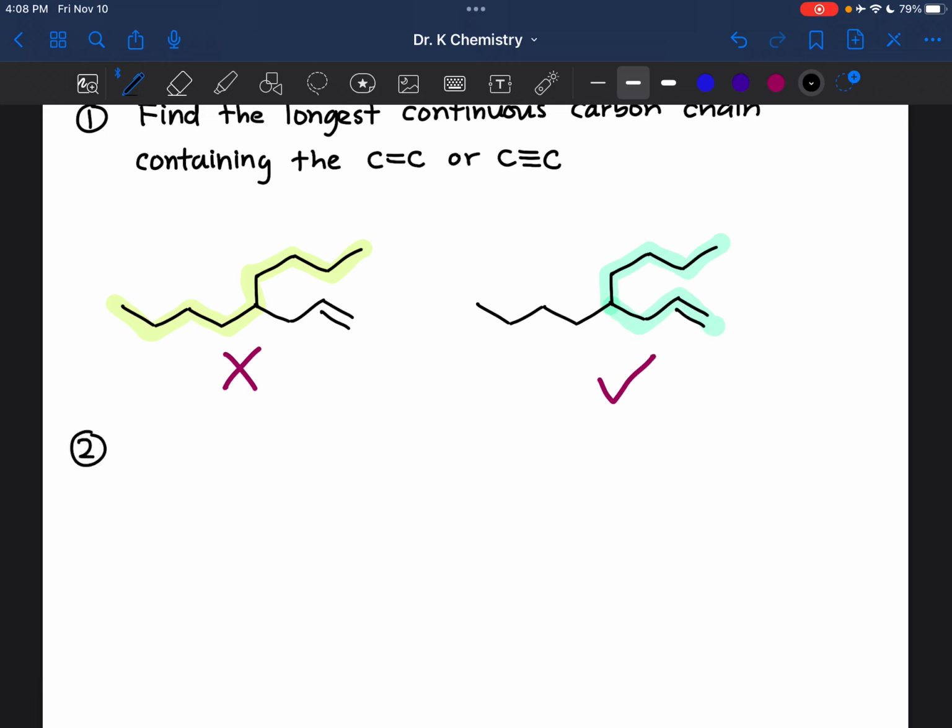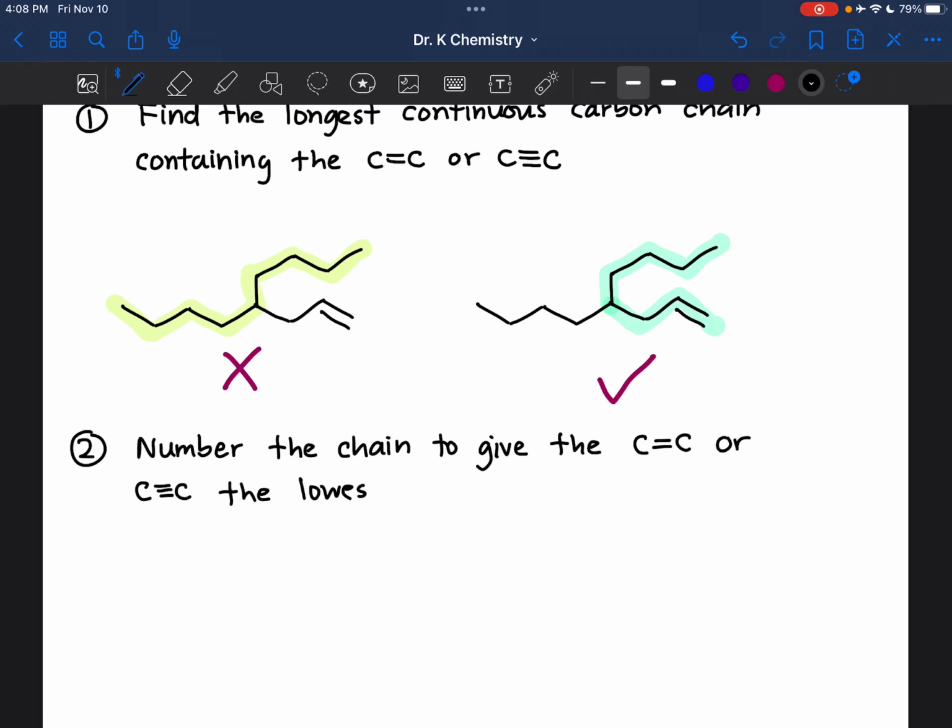The next thing we will do is number the chain to give the carbon-carbon double bond or carbon-carbon triple bond, depending on the molecule you're looking at, the lowest possible number.